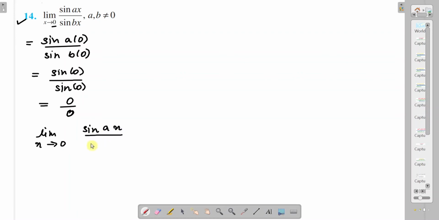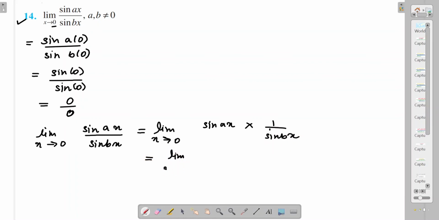So limit x tends to 0 sin ax divided by sin bx, okay, this is equal to limit x tends to 0 sin ax multiplied by 1 by sin bx, like this we can write, and so this will be equal to limit x tends to 0. What we have to do here, we have to get first of all sin ax divided by x, okay.